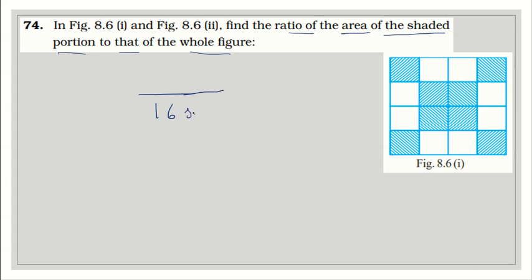So the area of 16 square units is the full figure. But how many are shaded? 1, 2, 3, 4, 5, 6, 7, 8. So 8 are shaded out of 16 units. It implies 1:2 is the ratio.